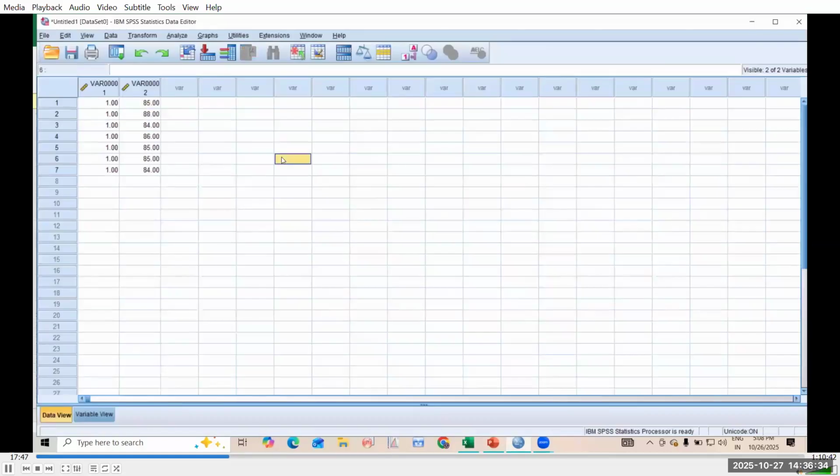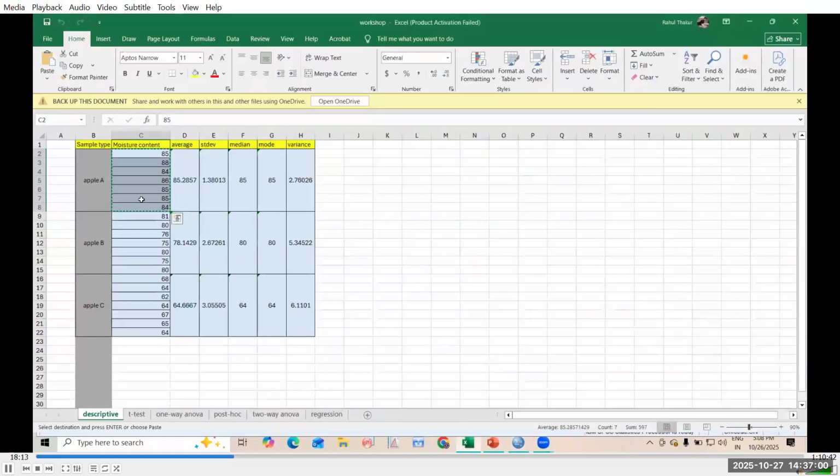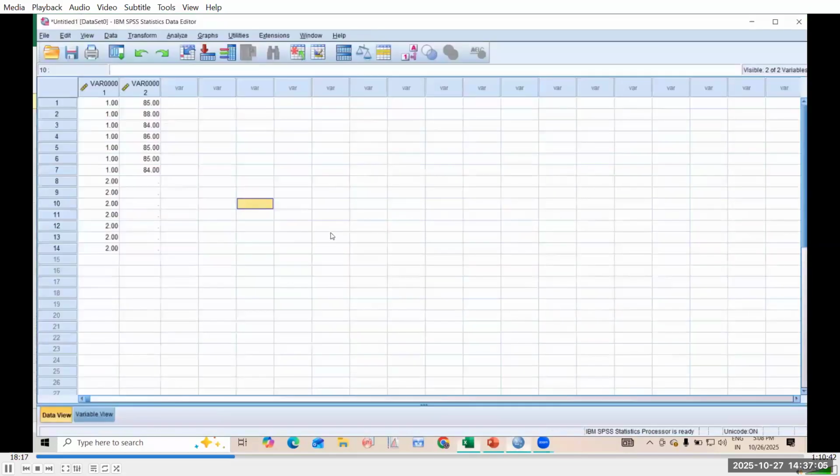Copy and paste. Here, if we have more than one variety, the second variety will be represented as 2. If the replicate count is 7, then we put it 7 times for the same variety. Then we'll go for the next batch, copy and paste.